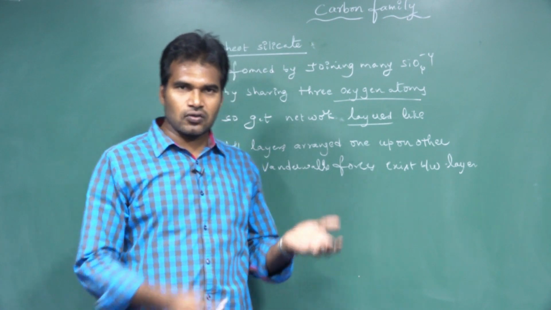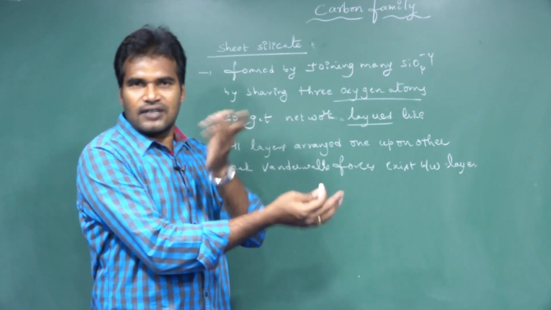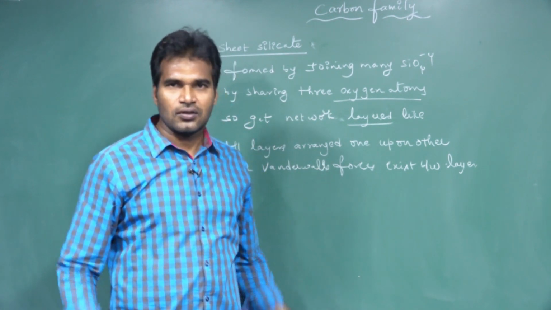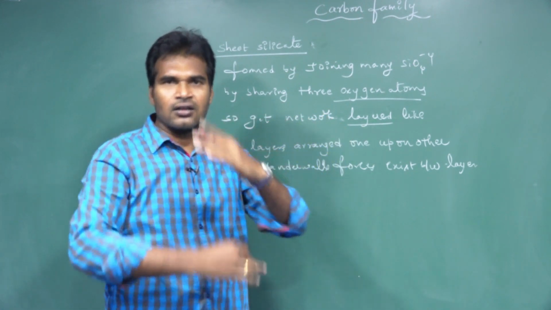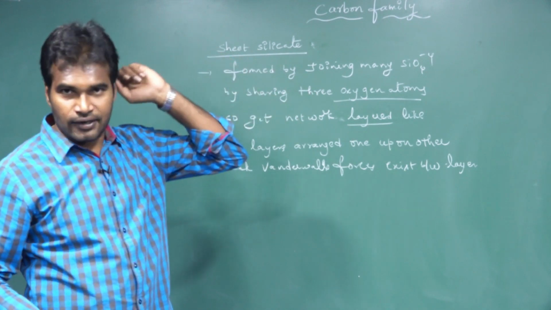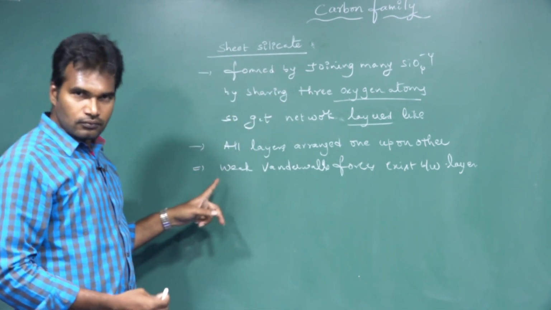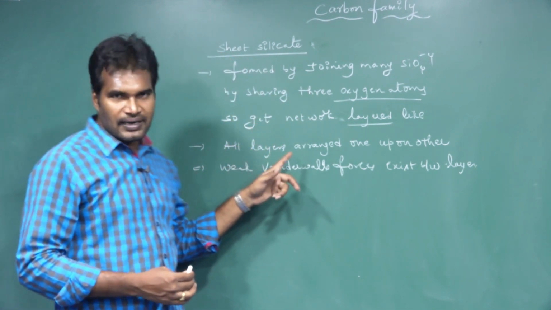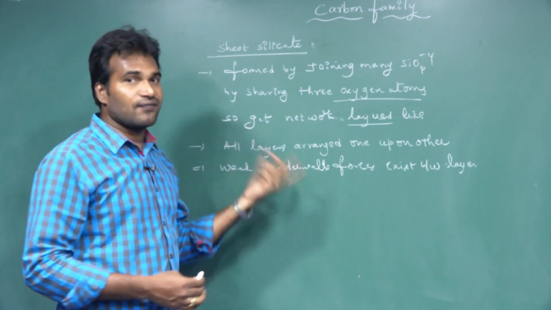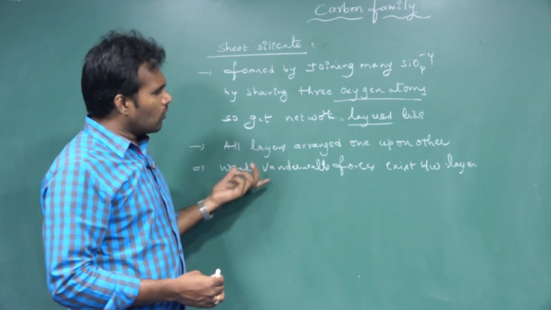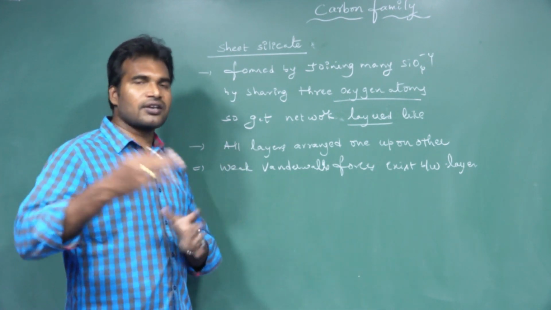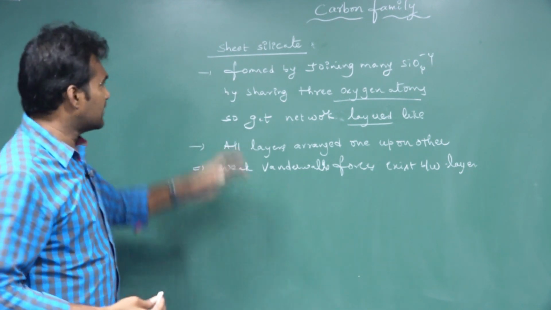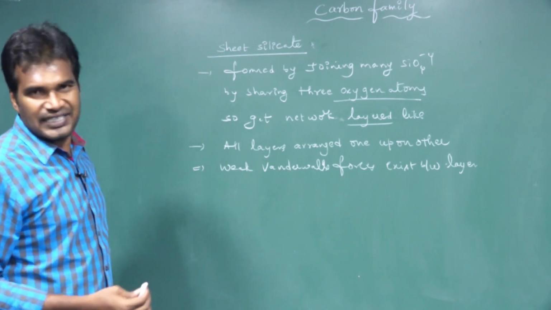Even in graphite, between the layers there are very weak van der Waals forces. Because of the weak van der Waals forces, one layer can easily slide over another layer, so we use graphite as a lubricant. Same here also. So we can also use this as a lubricant, an alternate for graphite. So this is about sheet silicates.